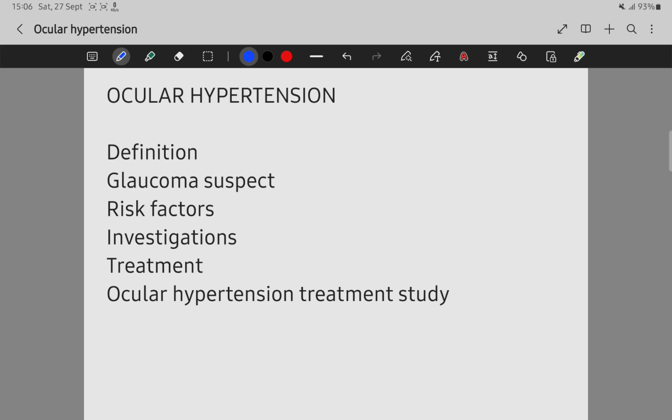It is defined as a condition in which IOP is elevated above the cutoff value, that is 21. IOP is above 21 mm of Hg, but there are no visual field or optic nerve disc abnormalities, and there are open angles.